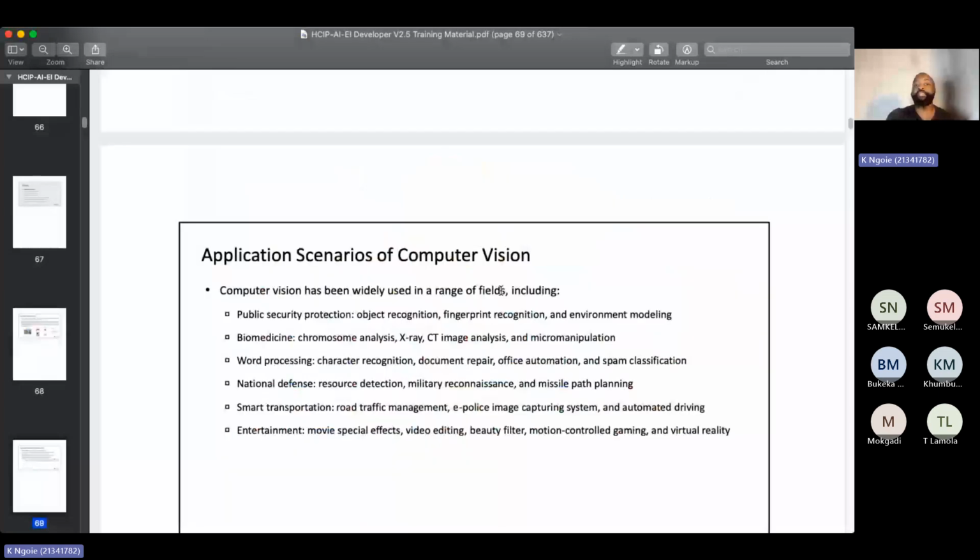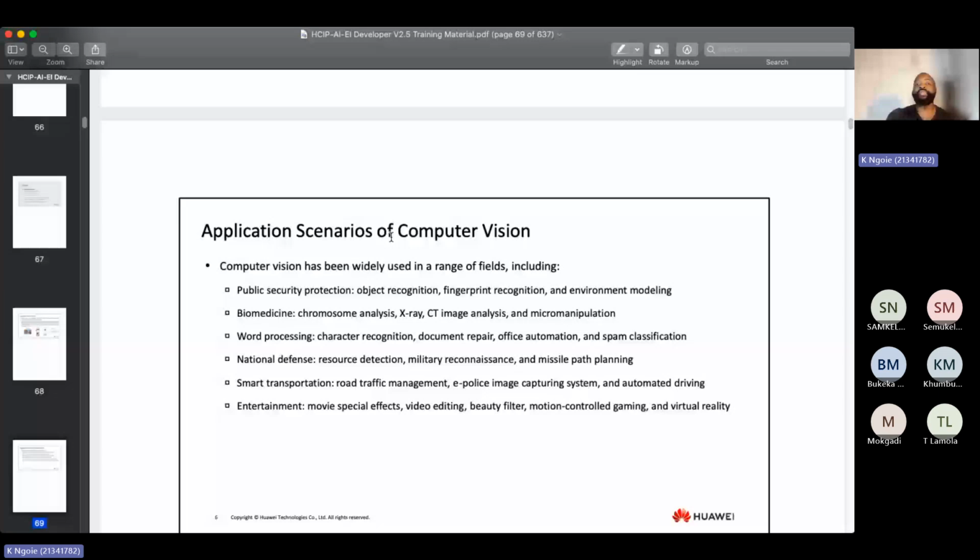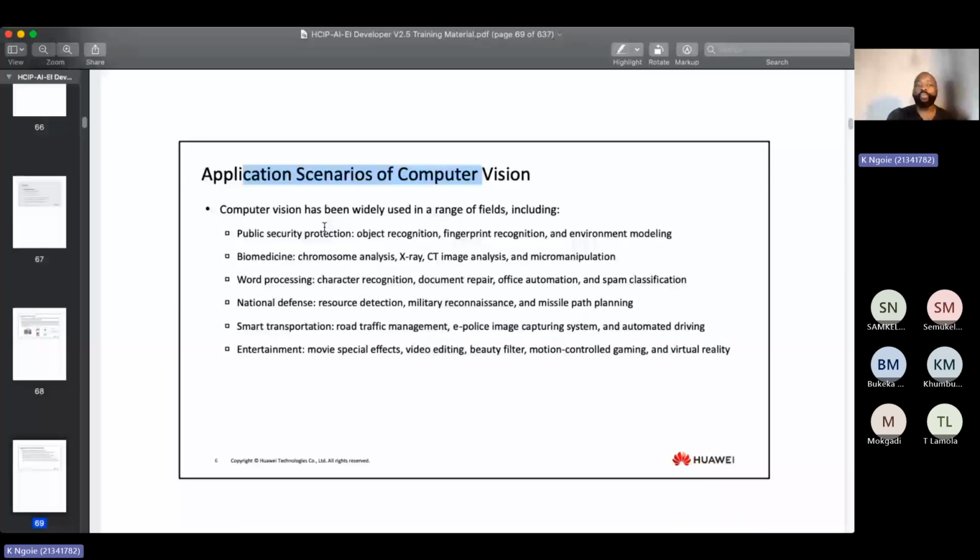Certain application scenarios where you're going to use computer vision will be, for example, in public security protection, right? Because we're going to have to deal with object detection, fingerprint recognition, environmental modeling, understand? And in biomedicine, where we can do certain analysis on X-rays and that.